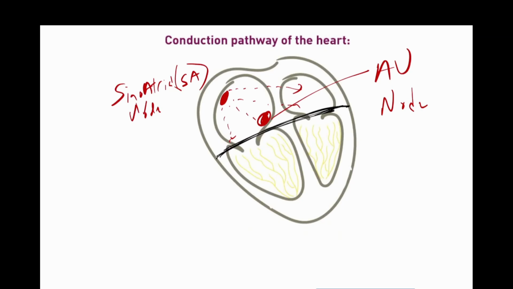Top is the atria, the bottom is the ventricles. So the SA node fires, it depolarizes the atria, it gets to the AV node. The AV node is a capacitance node. It holds on to that charge for a split second.